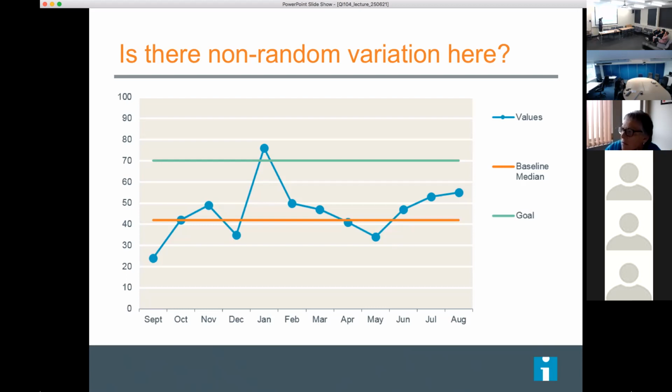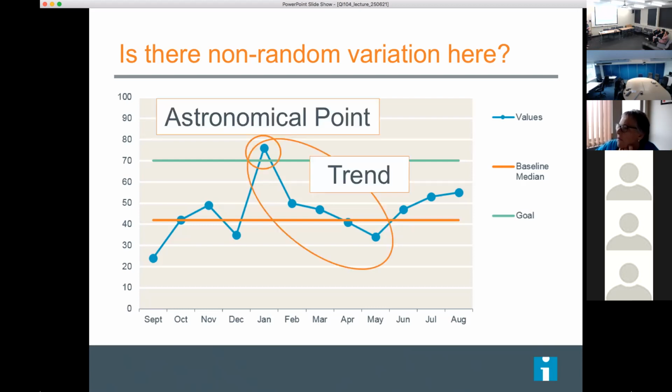Yeah. 1, 2, 3, 4, 5. 5 or more consecutive points going in one direction. So there we go. There's the astronomical point that's really an easy one. And then the trend. You were right. If these last 4 points, if we'd maybe had more data, it may have become a trend, but we'd need at least 1 more point in the same direction before we can make that call.